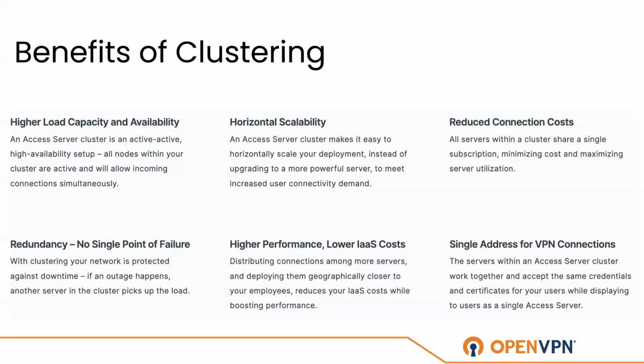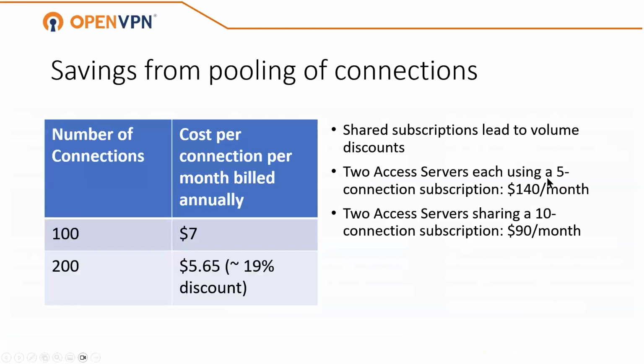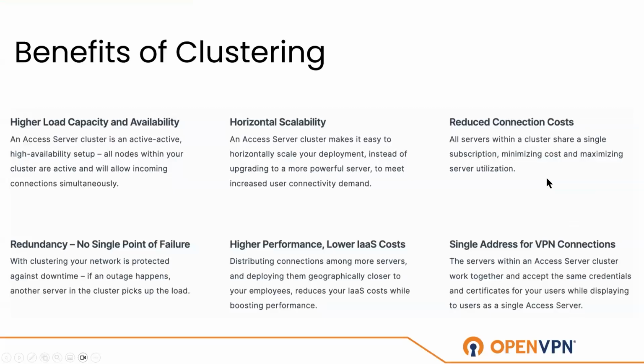And I'll have an example shortly about how we can decrease infrastructure as a service or hardware instance costs. And lastly, even using the shared subscription has potential for some savings too, which I'm going to cover next.